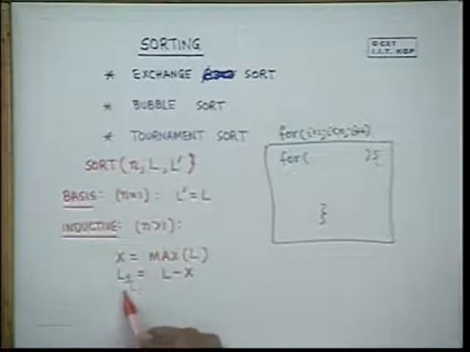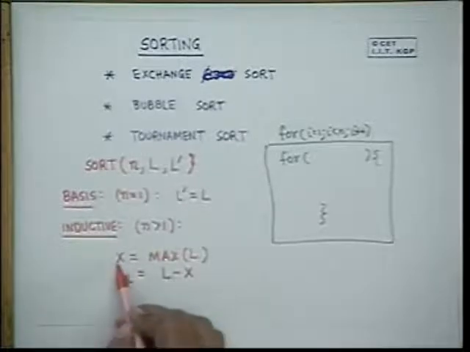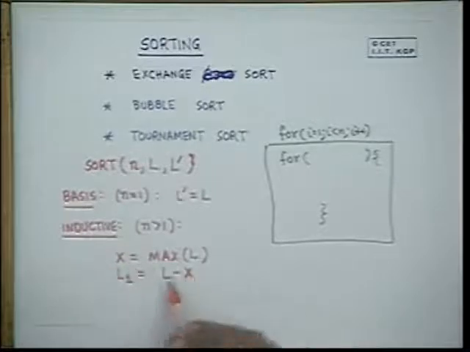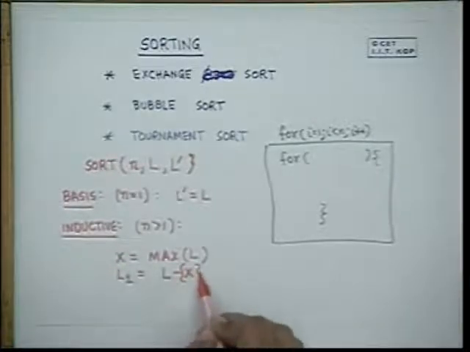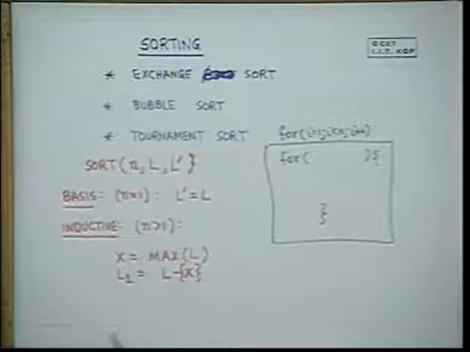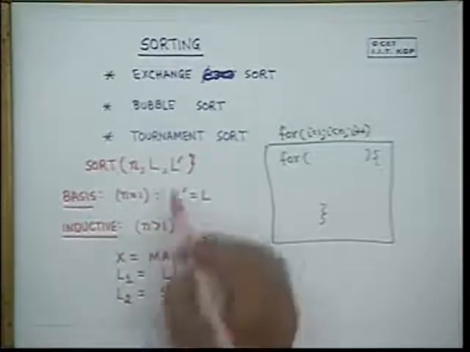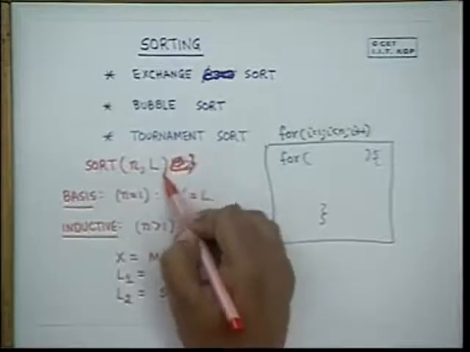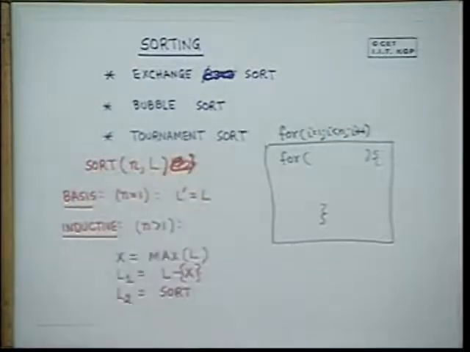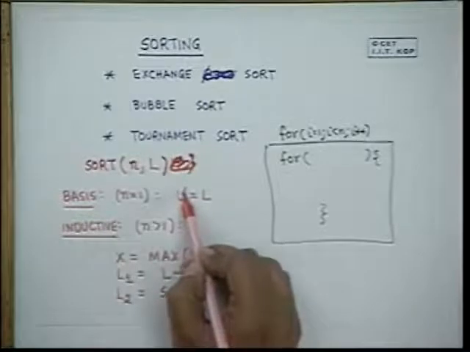This is the list obtained from L by removing this element x. Alright? So if you write it this way, maybe it will look better. L2 is equal to sort. Suppose this returns L dashed. Okay, this returns a list of sorted elements, which is L dashed.